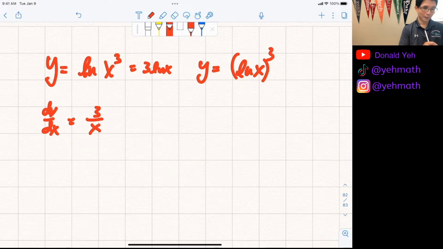Okay, that's nice. All right, how about a second one? 3 over x. Oh, it is the chain rule.